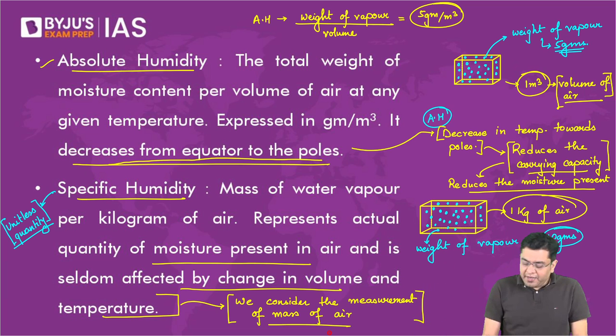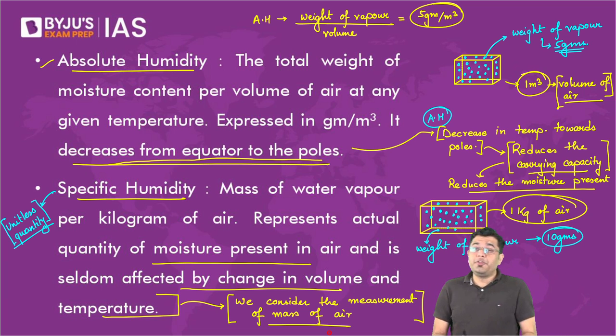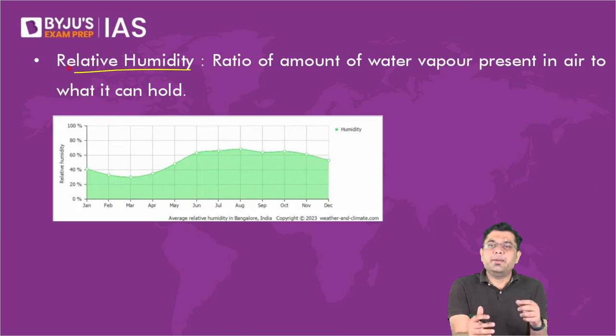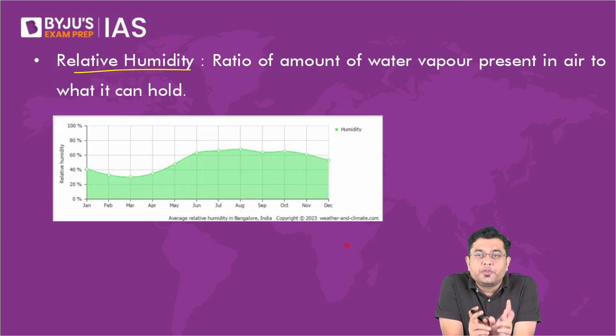Then we have what is referred to as relative humidity. Now, what do we understand by relative humidity? Here the term of interest is relative. Relative is always something that you compare to, in comparison to. So when we talk about relative humidity, you are comparing it to something, isn't it?